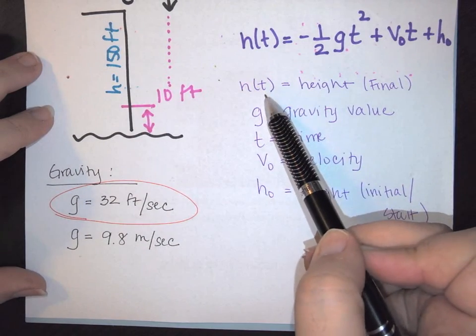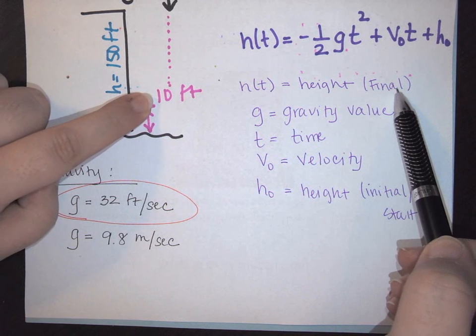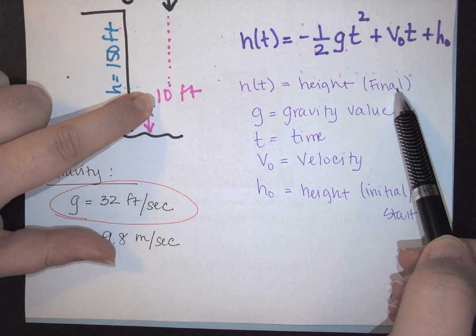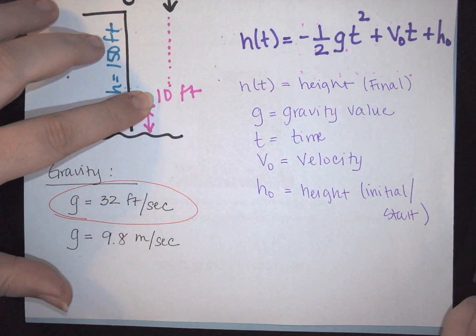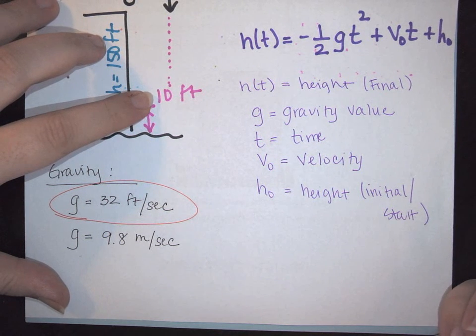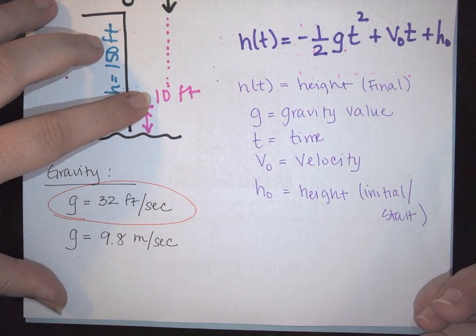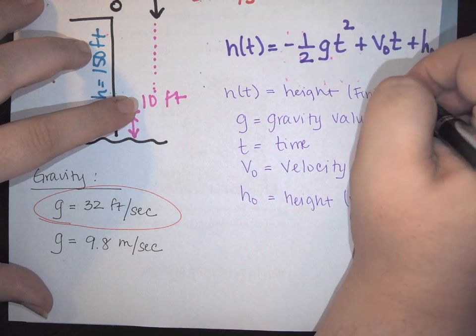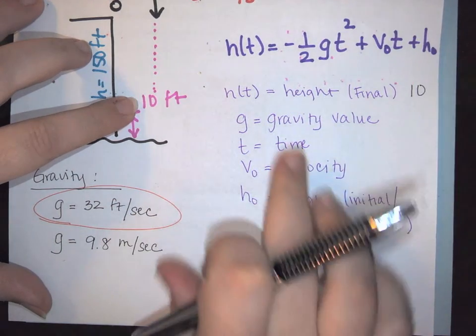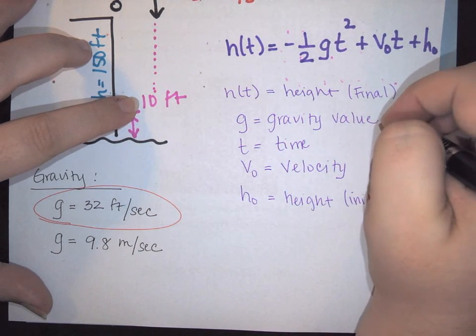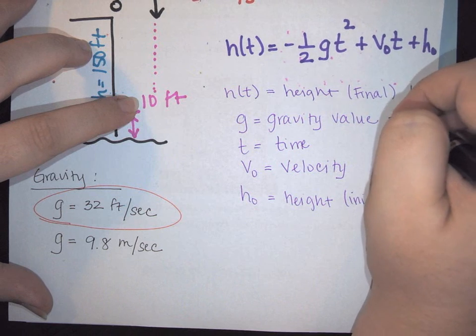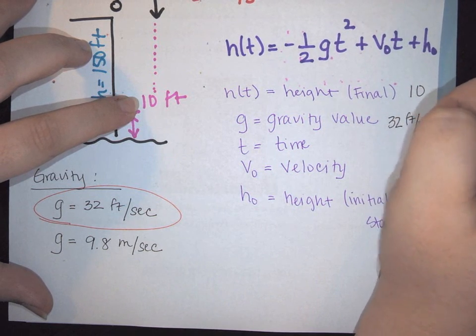Well, our final height is 10 feet off the ground. So in this case, we know our h of t is going to be 10 feet. Our gravity value we just stated was 32 feet per second.